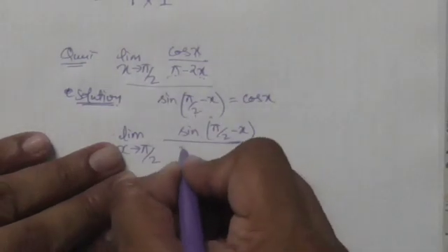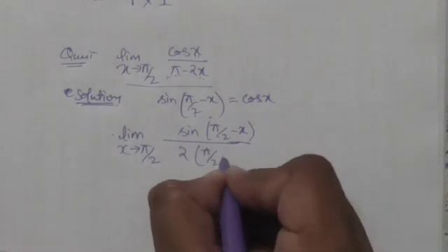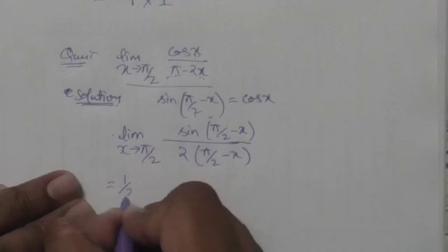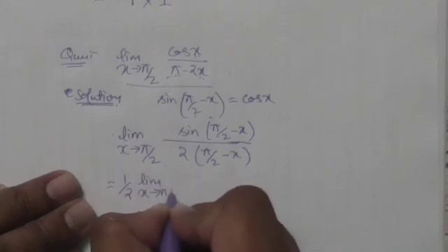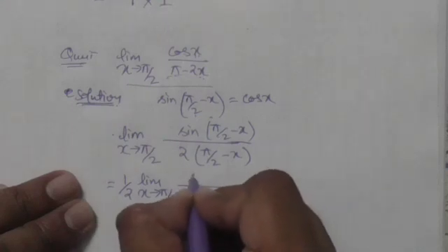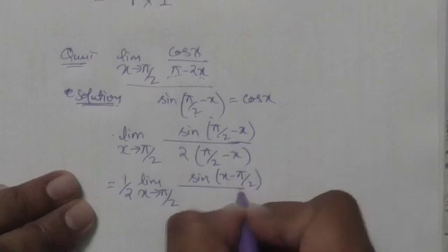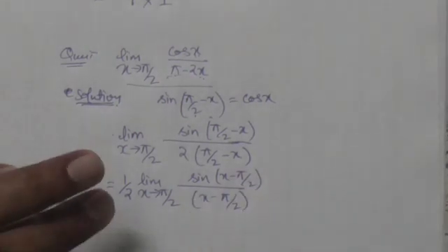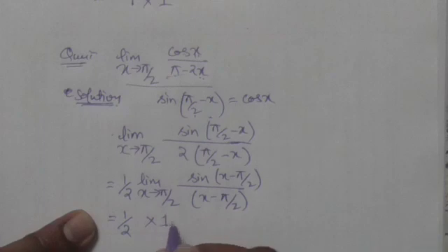So when we take 2 common we will have 2 times pi by 2 minus x, and it is equal to 1 by 2 limit x tends to pi by 2 of sine of x minus pi by 2 upon x minus pi by 2, right? So it will be equal to 1 by 2 into 1.